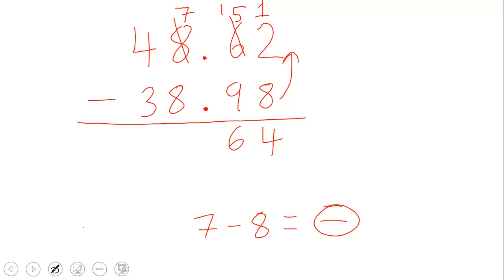Since that's the case, we don't want a negative number in our answer, so we go over to the 4 and grab a 1. 4 minus 1 is going to be 3, so we are left with 3. And we give the 1 right here. Now we have 17 minus 8. 17 minus 8 is going to be 9, so we have 9 now.